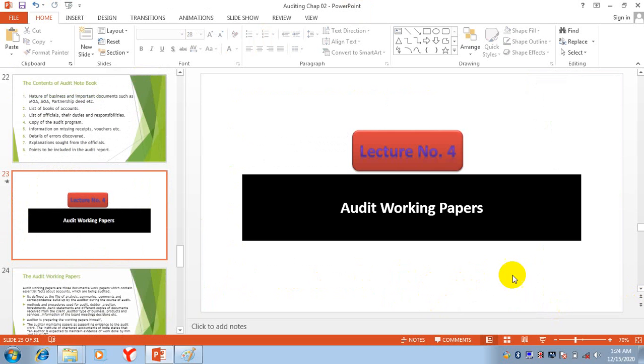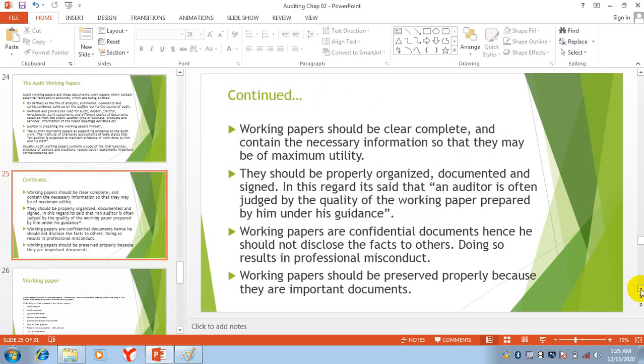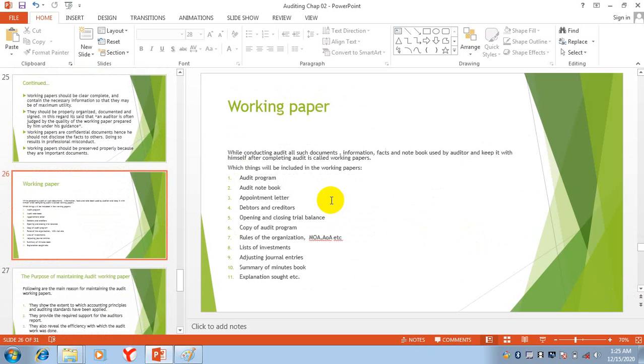Now come to another important document, that is called the audit working paper. It is also an important document. I will first tell you briefly what the working paper is.